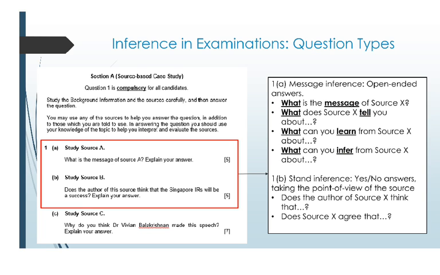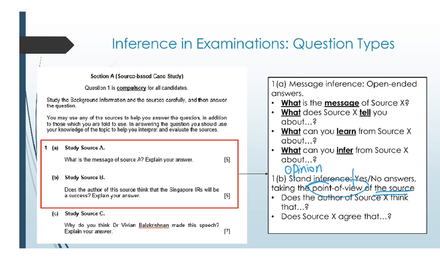Now, there's another kind of inference question, which is the stand inference. What is a stand inference? A stand basically is your opinion. But this is not your opinion. I'm asking for the opinion of the source, from the perspective and point of view of the source.